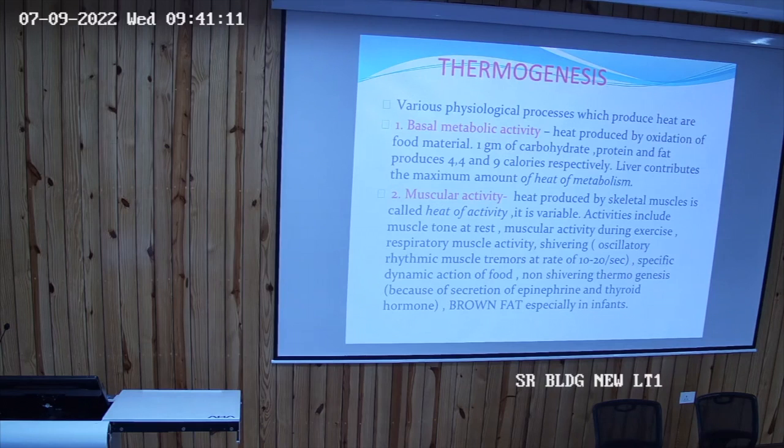Muscular activity, heat produced by skeletal muscle is called heat of activity.